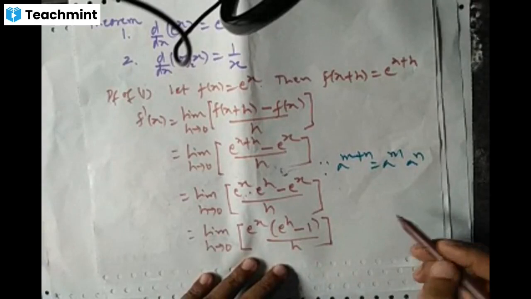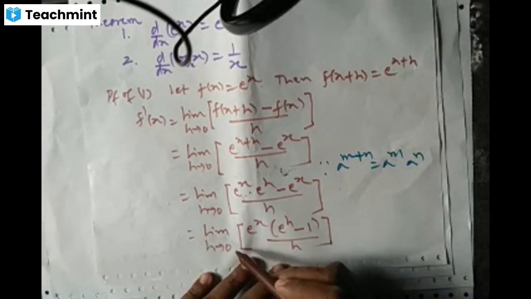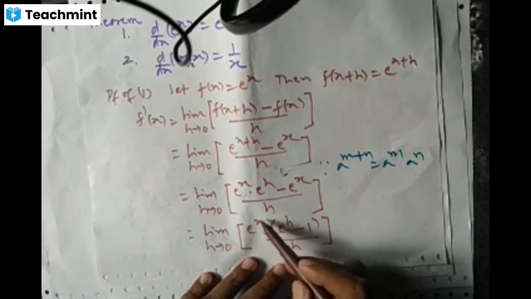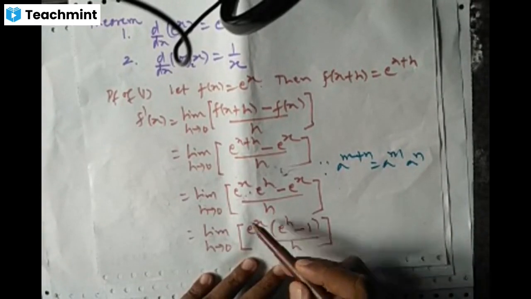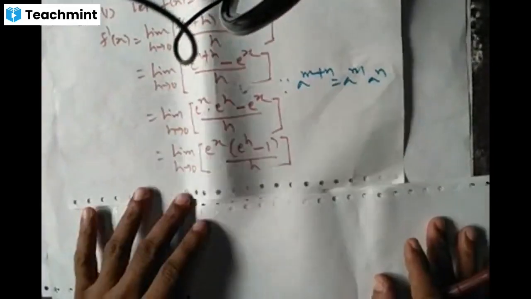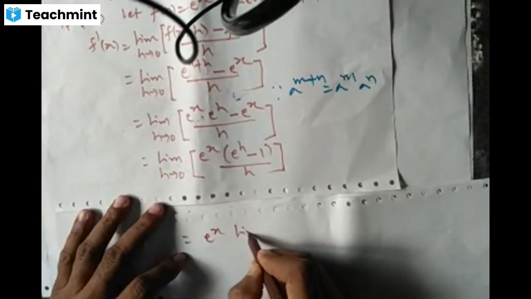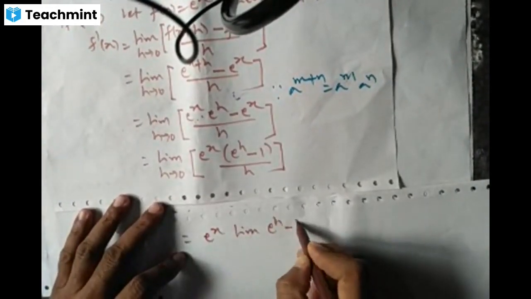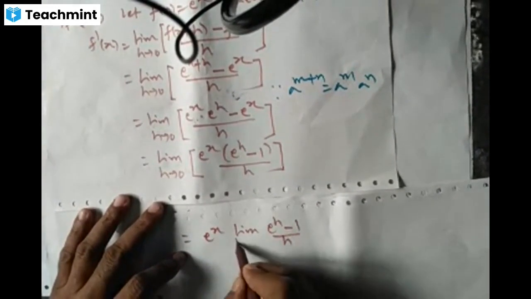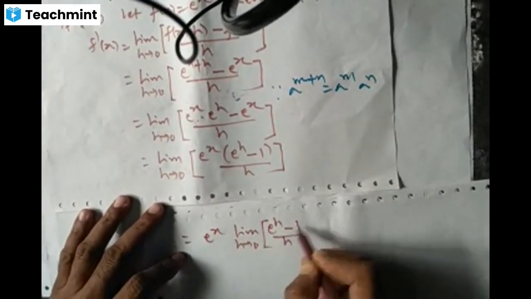Now here the variable h tends to 0, it does not make any difference to e to the power x, so I can take it outside. Then I get e to the power x into limit of e to the power h minus 1 by h as h tends to 0.